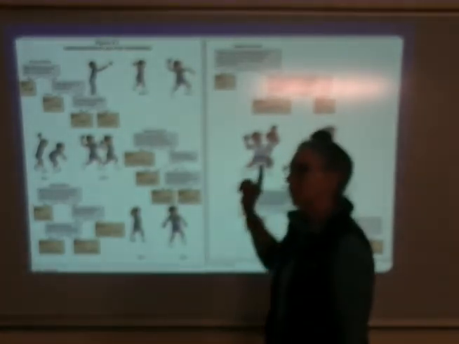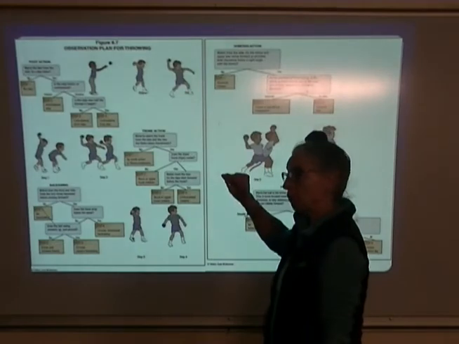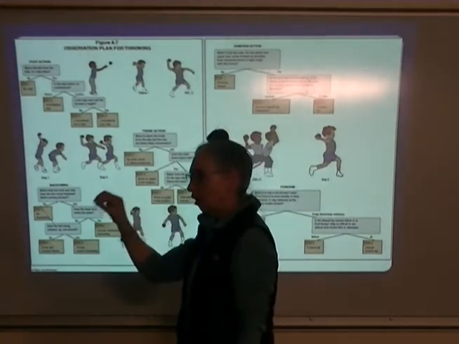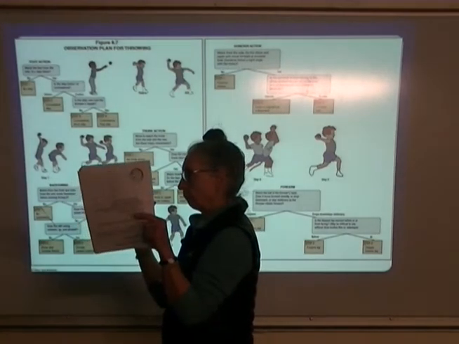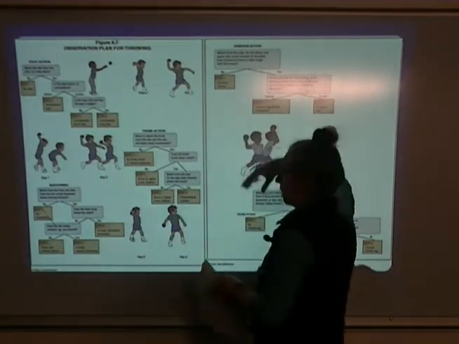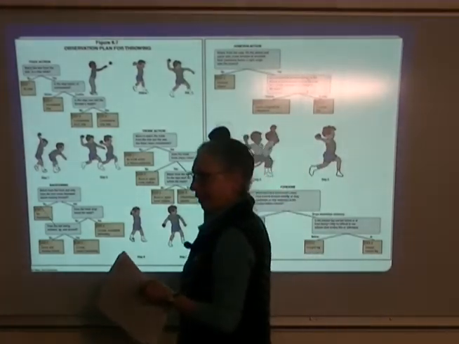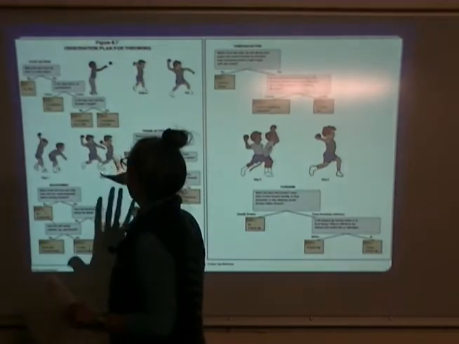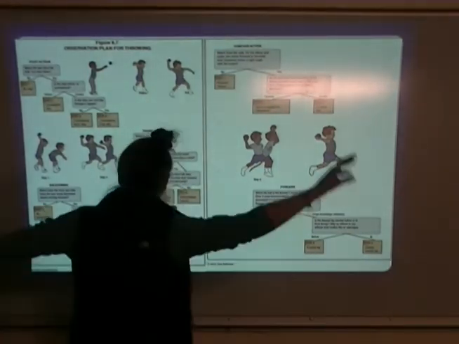And if you're teaching this, then you would expect to see improvement in the component that you're specifically targeting in the lesson plan, right? So if I'm not targeting arm lag, then I wouldn't expect to see improvement in arm lag, right? But if I'm targeting stepping and stepping with opposition and the backswing, right?